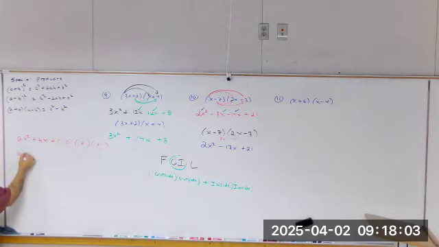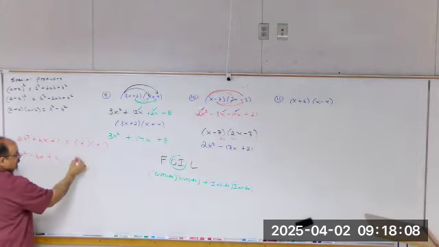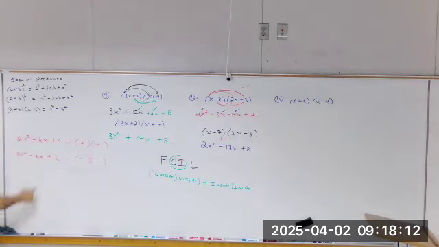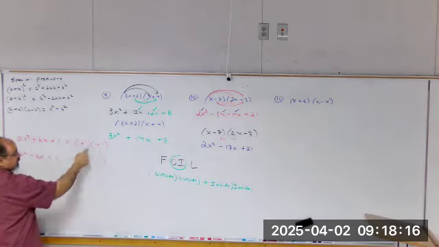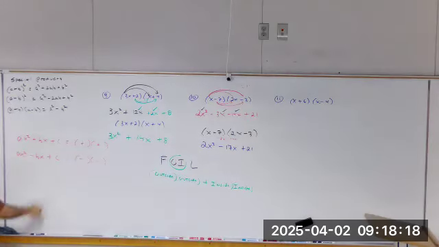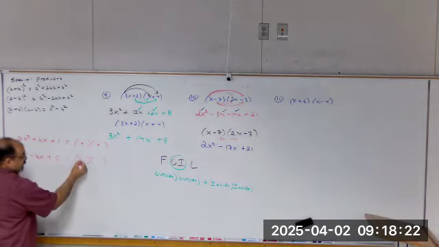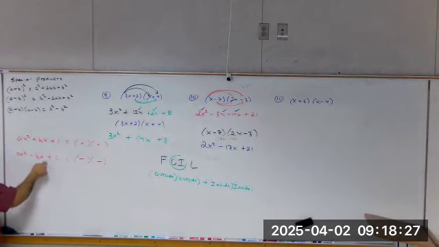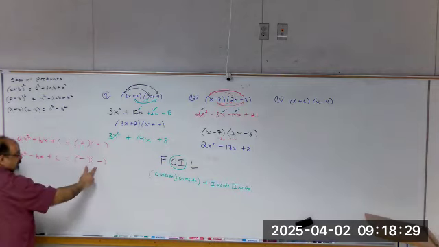If you have ax squared minus bx plus c, then that has to be minus minus when you factor. If it ends in a plus and the middle's a plus, the signs have to both be pluses. If it ends in a plus and the middle's a negative, then they have to both be negatives. That's the only way to make the last term a positive. They have to be the same.